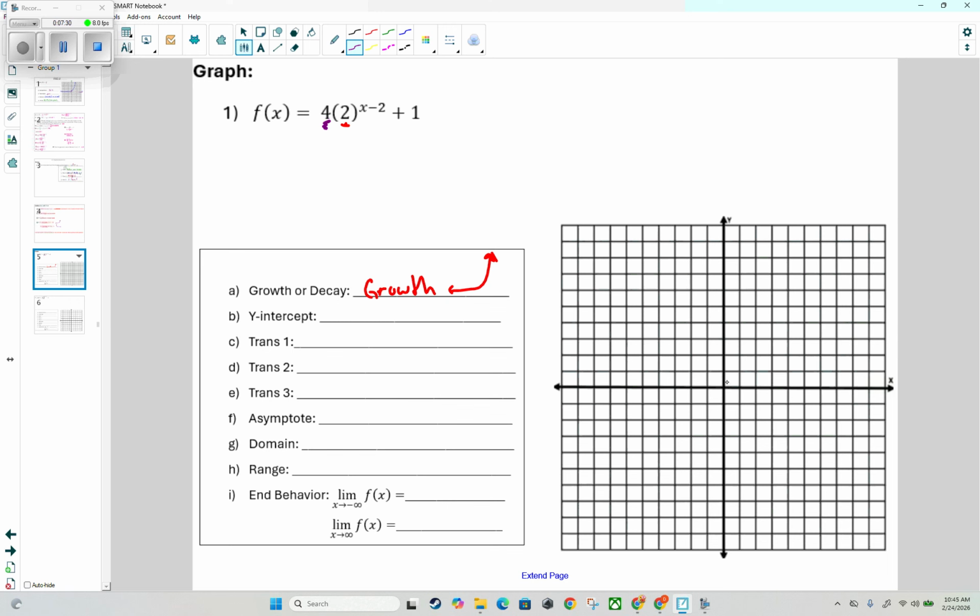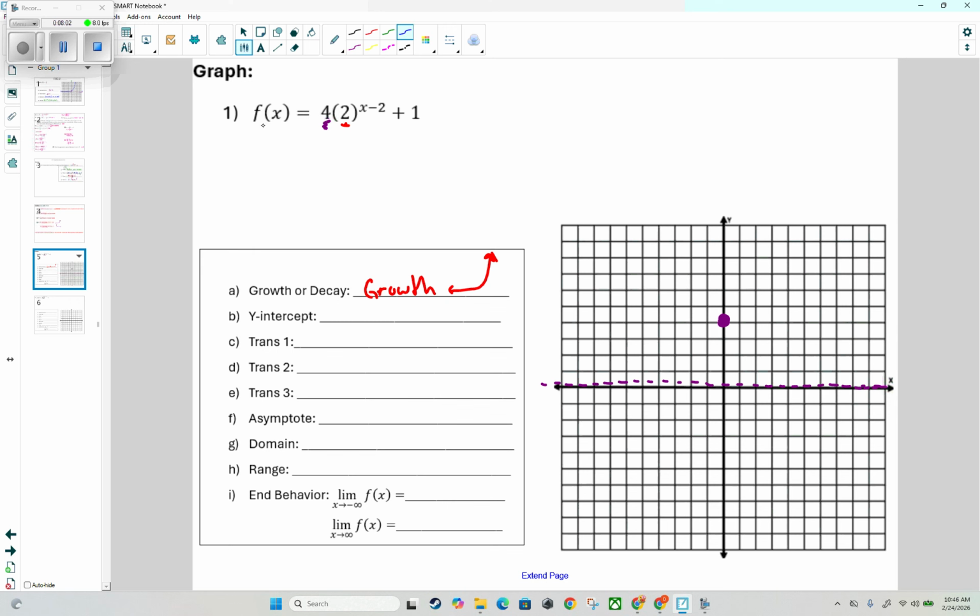So if I go to my graph, I'm going to go 1, 2, 3, 4, and I'm going to put a dot. All right. So originally, I'll draw my asymptote, which is at 0. That means that because of this stretch, I've gone from 1 away to being 4 away. And that's going to stay with me when I move. So wherever that dot moves, my asymptote is going to always be 4 distance away from that dot at the bottom.